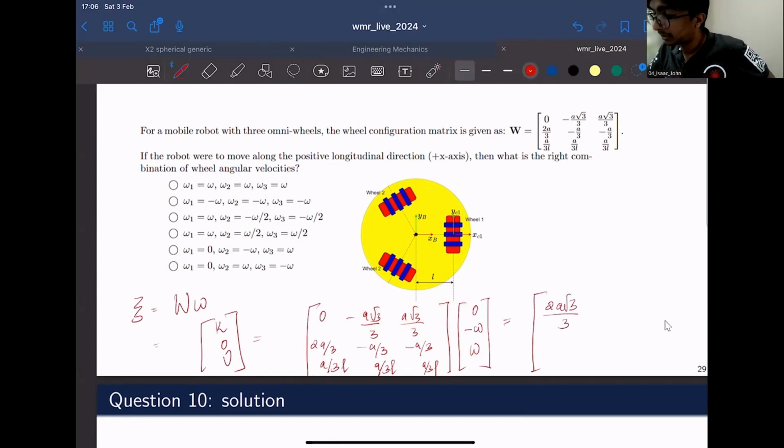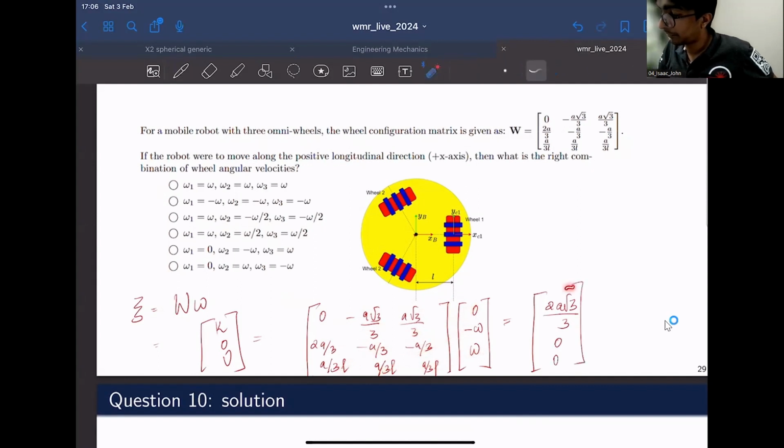If we go by the second row, this is 0, this is plus, this is minus, so that is 0. The third entry has 0, minus, plus, so that is also 0.